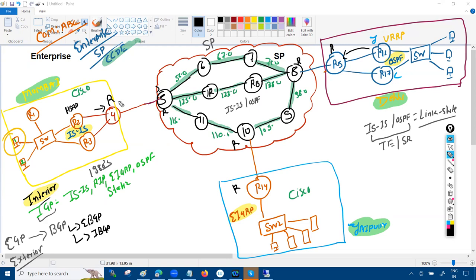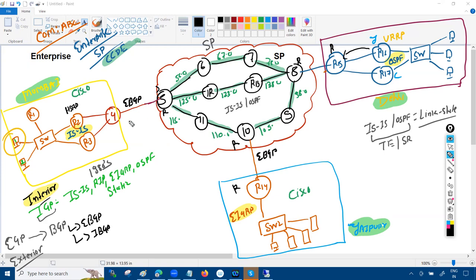Between the companies, what can I do? Between the companies, I'm going to run the flavor called eBGP. Guys, it's a recommendation to run this protocol, it's not mandatory.